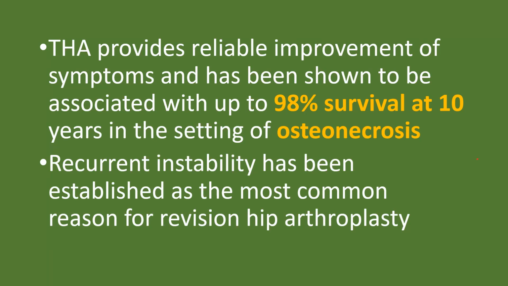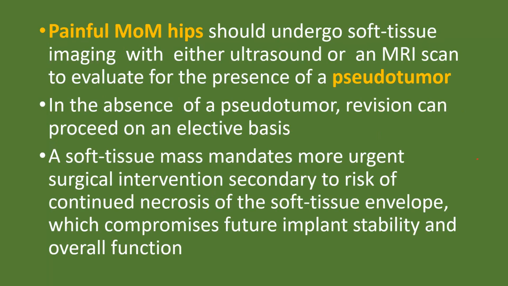Recurrent instability has been established as the most common reason for revision of hip arthroplasty. Painful metal hips should undergo soft tissue imaging with either ultrasound or MRI scan to evaluate for the presence of pseudotumors.